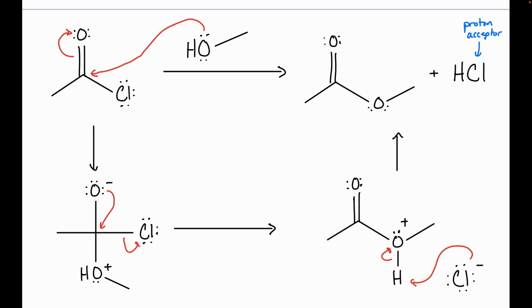So something in there is going to accept that proton. Really, everything's going to be passing it around because nobody really wants to have it. But for the sake of argument and making our balanced chemical equation, that's what we're going to do. Okay? There's going to be one big exception here, and that is if we want to convert this same acyl chloride into an amide.